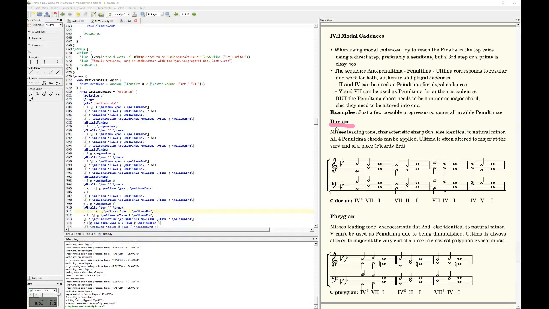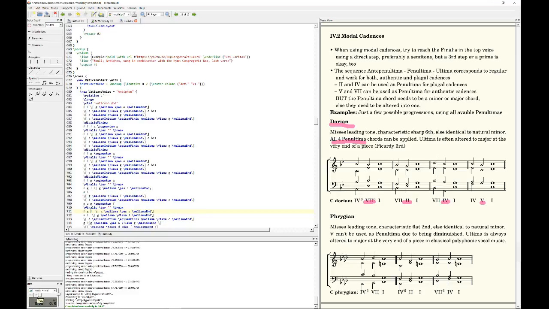For the Dorian scale, we can use all 4 possible penultima chords. So we can use the 7, we can use the 2, we can use the 4 and the 5 to conclude on the root. And that's how that would sound. Should be file number 4.